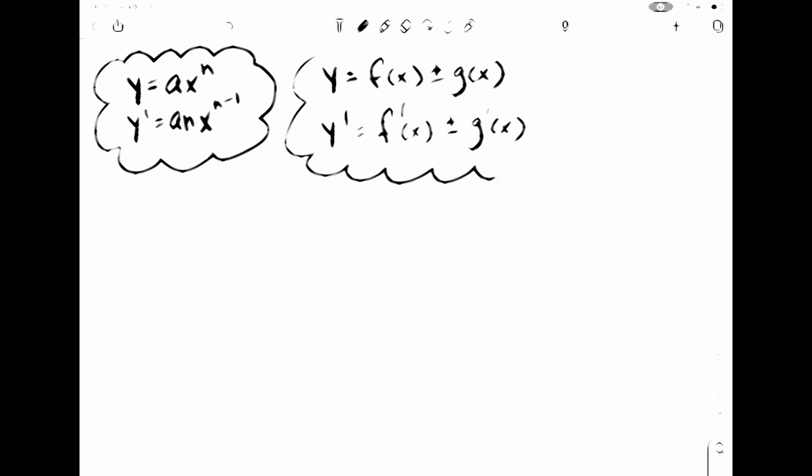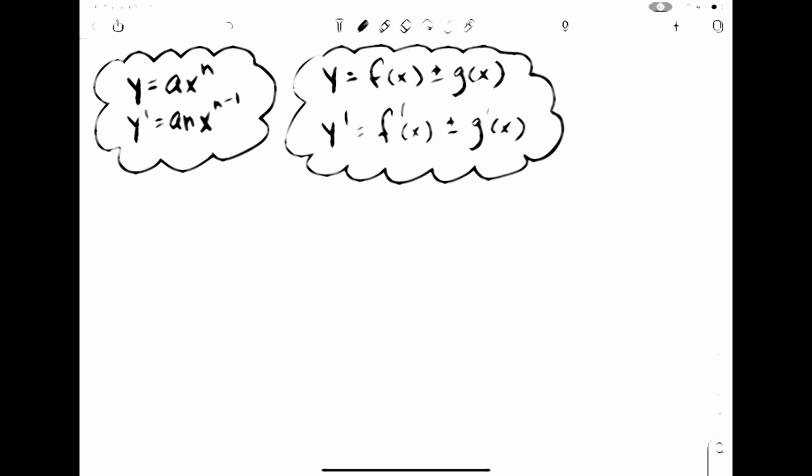So this is our sum and difference rule of derivatives. So we're going to use both of these rules in conjunction in order to find the derivatives of polynomials, which we studied the graphs of in our last section. So I'm going to love these two rules because they're going to save me from having to find the derivative using that difference quotient.